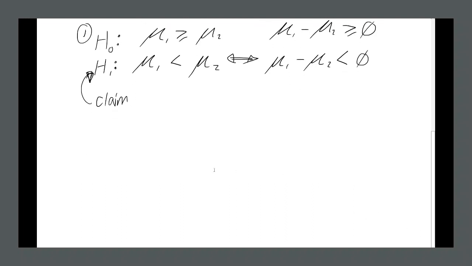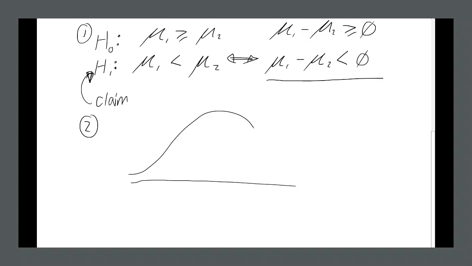Step 2 is finding the critical values. Now, if we look at this form of our alternative hypothesis, we see that the difference has to be sufficiently less than 0. So there's only one way we can reject our null hypothesis and go with an alternative, and that's with a value sufficiently small.